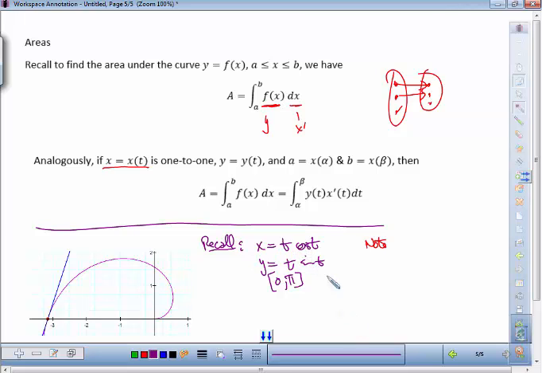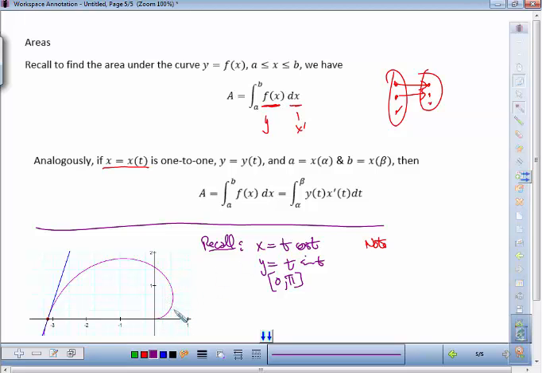So x is cosine? Oh. So it looks like x doesn't look like it's one-to-one here.